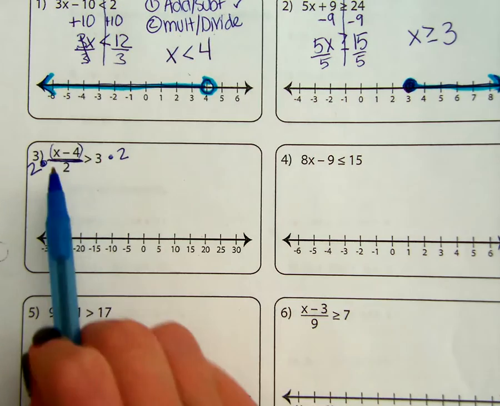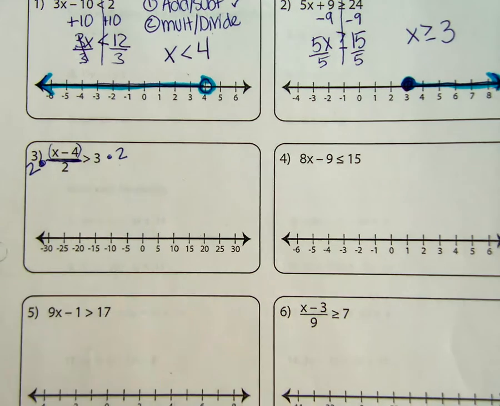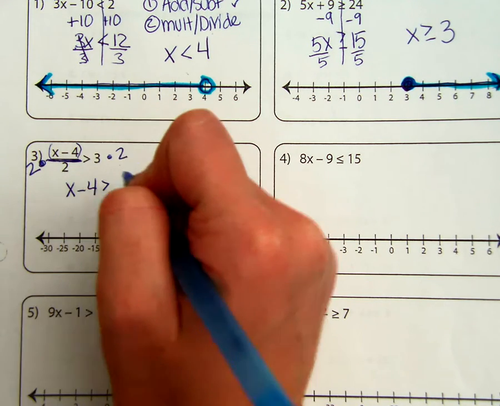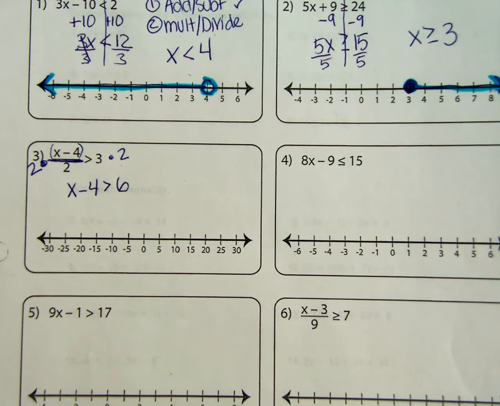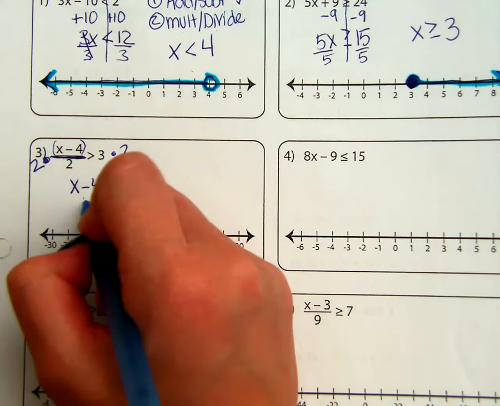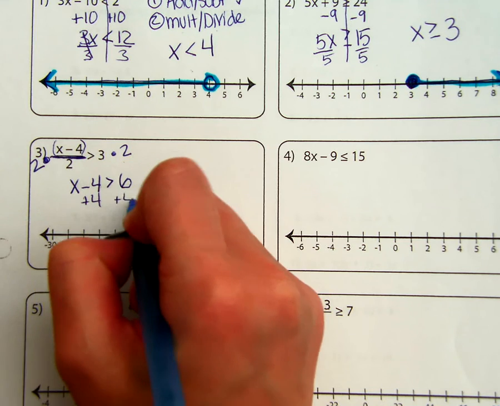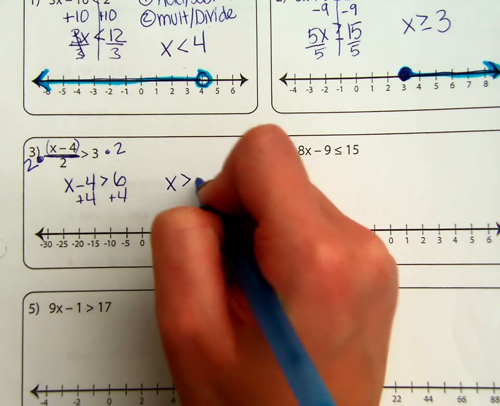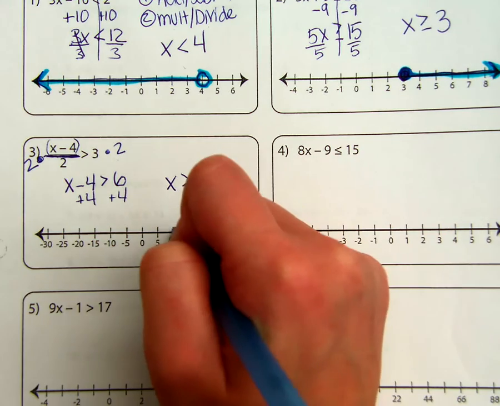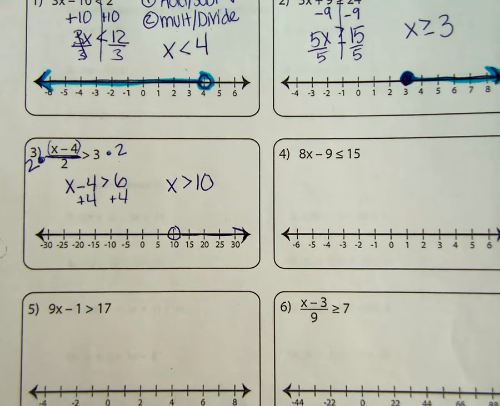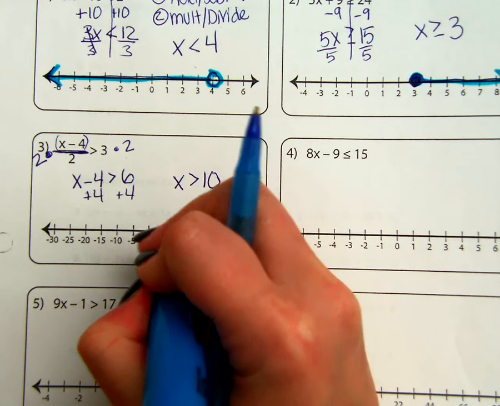It's a division bar, so we need to multiply. We will be left with x minus 4 is greater than 6. In order to get the x alone, you need to add 4 to both sides. This is like our one-step equations. You will get x is greater than 10. Open circle, and it's greater than, so it is going to the right.